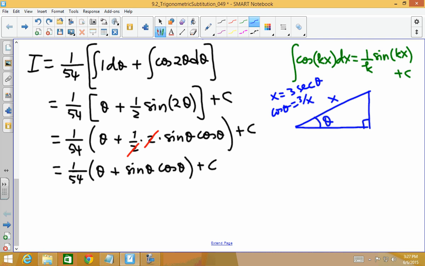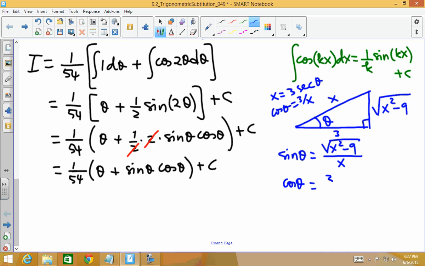So the hypotenuse is x, the adjacent side is 3, and the opposite side has to be the square root of x squared minus 9, that is the square root of hypotenuse squared minus adjacent squared. So sine theta is the square root of x squared minus 9 over x, and cosine theta is 3 over x.